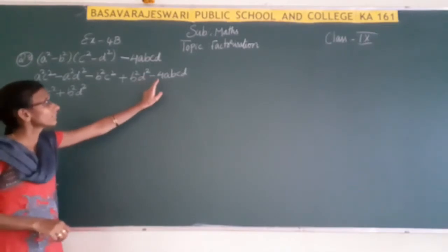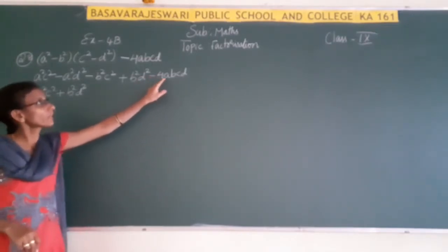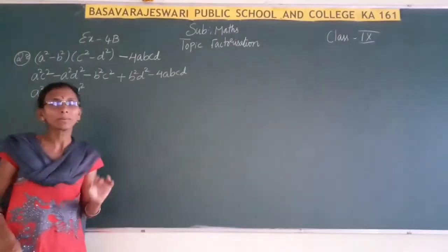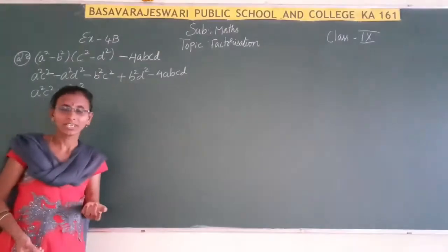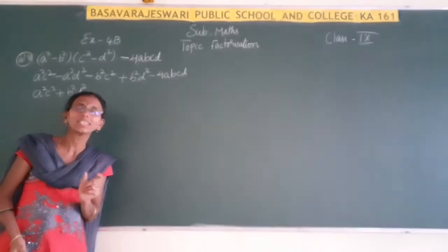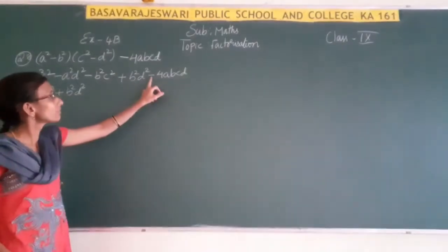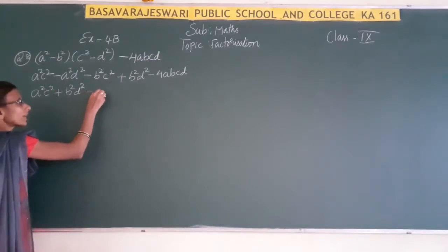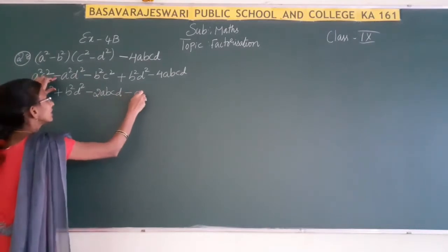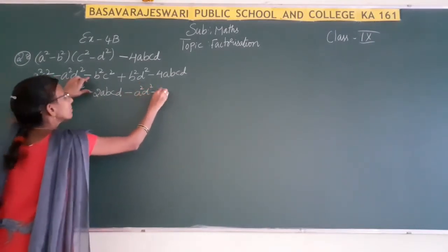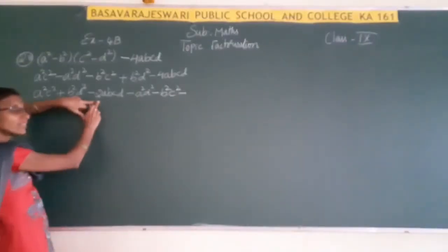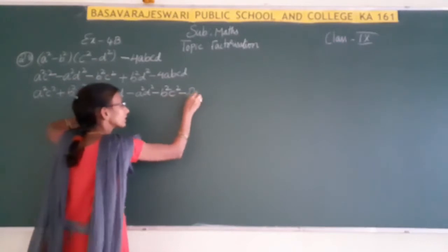Here we have minus 4abcd, and I am splitting this as 2abcd plus 2abcd. So minus 2abcd I am writing here, and the other terms as they are: a square d square minus b square c square, minus the other 2abcd we have taken.